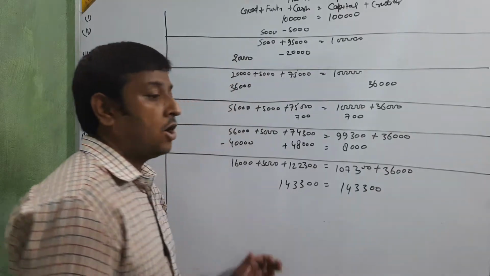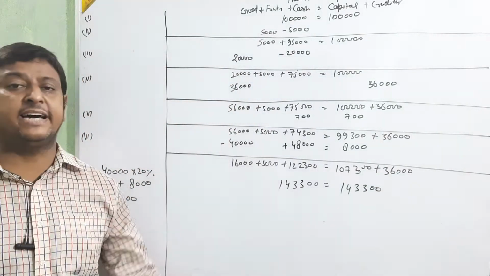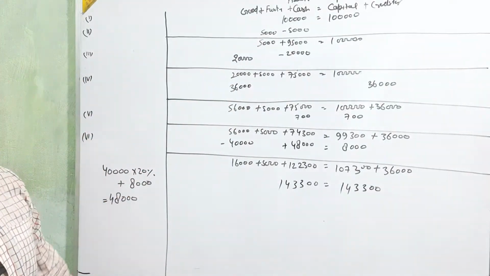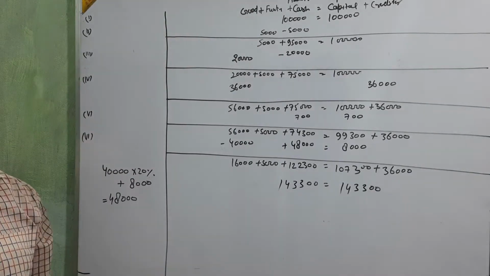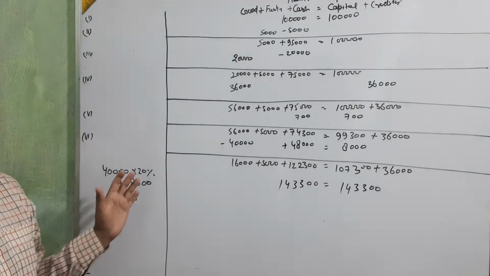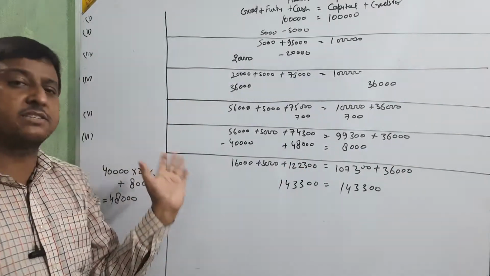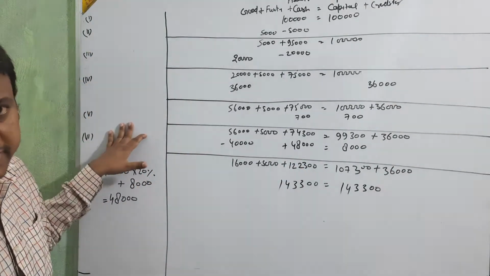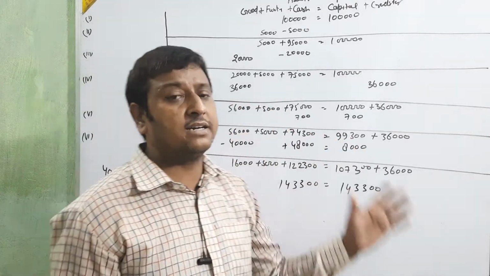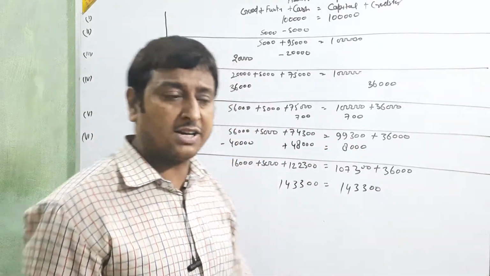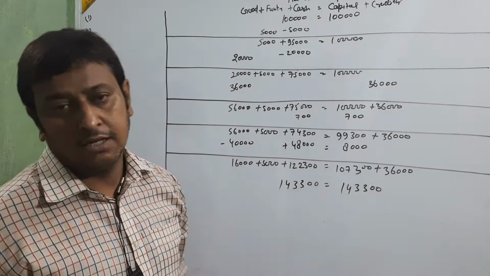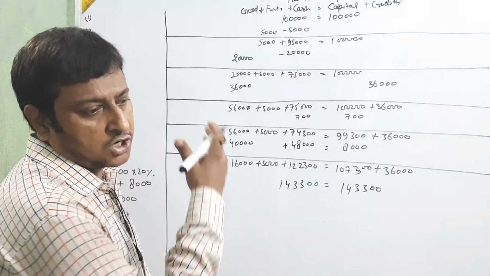Okay beta, in this way we are going to make the equation. In this system we are only setting all the things, just showing how to present the effect of every transaction. How to show the effect of all transactions in this equation.